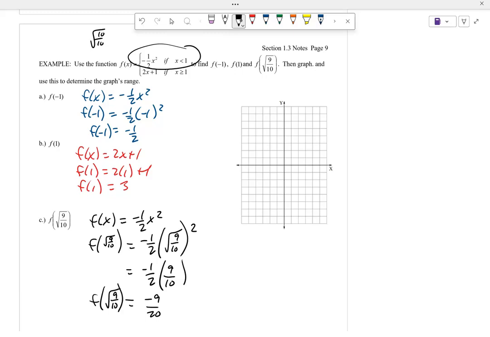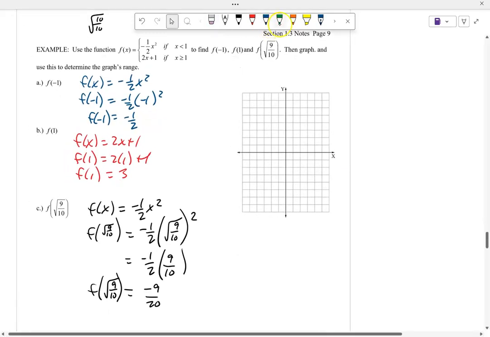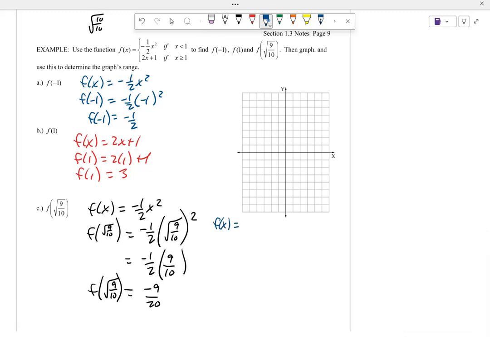All right. Now, when we're doing the graphs for this, let's go ahead and do that first one. F of x is negative a half x squared, and x is less than 1. So this is a quadratic. So you're thinking U-shape. The negative in front is going to flip that over. So your typical U-shape x squared looks like that. It's going to flip it over. That's what it's going to kind of look like. But I can only plug in points that are less than 1.